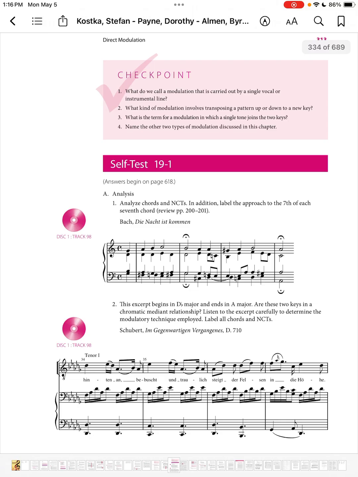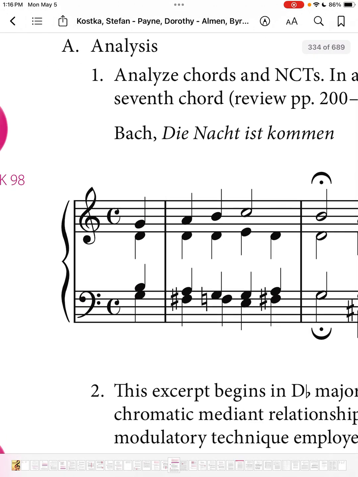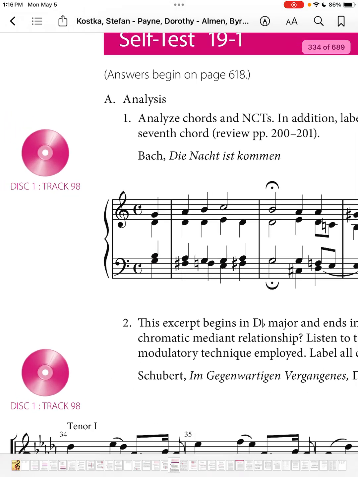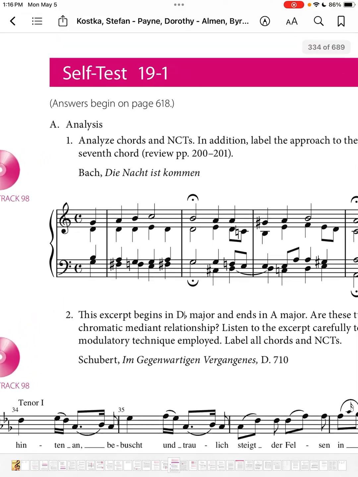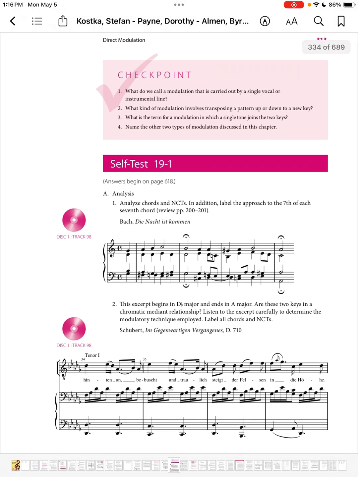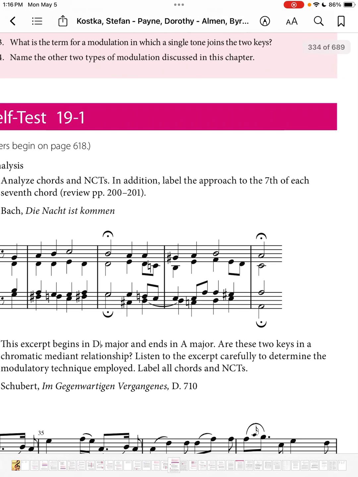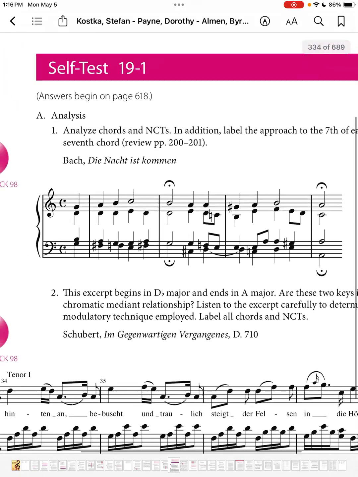Okay, I'm going to do a little bit of self-test. Analyze chords and NCTs, label under. Okay, that's going to be fun. The trick is to find out where we are.